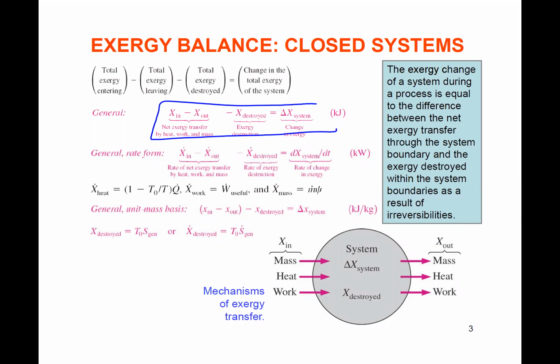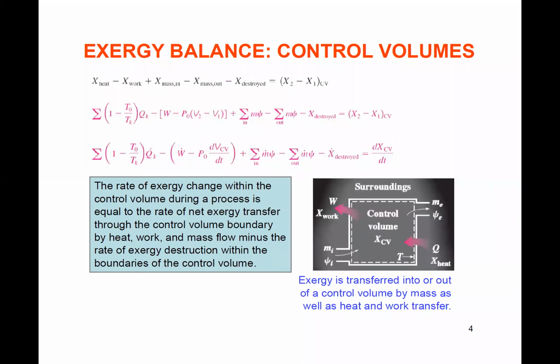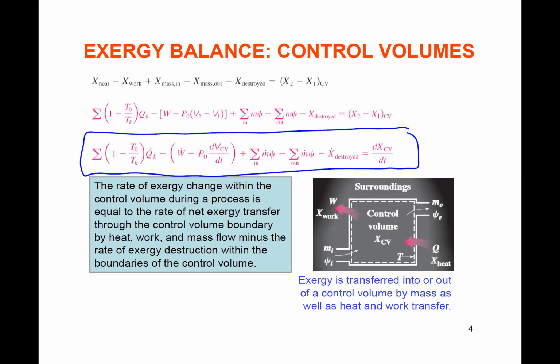So here's our closed system. And it's on our equation sheet too, a nice summary of all the equations. And then we have our control volume, where you have the term for heat of exergy, the term for useful work.